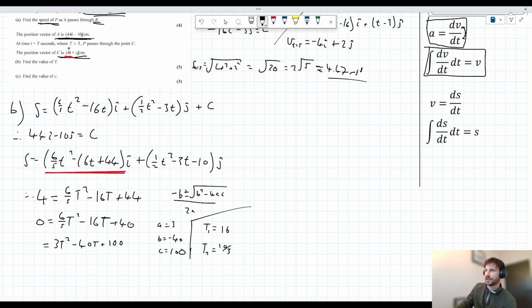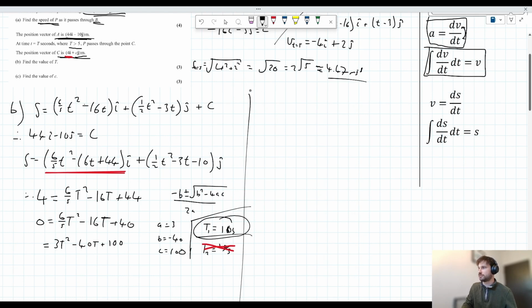Note in the question it says that capital T is greater than 5, and since 10 over 3, what's that, 3 1/3, is less than 5, we can rule that one out and say that T is equal to 10 here. Looks more like 16 than 10. There we go. Okay, so that is our value for capital T. We have that now. Let's just put a unit on it just to clarify it.